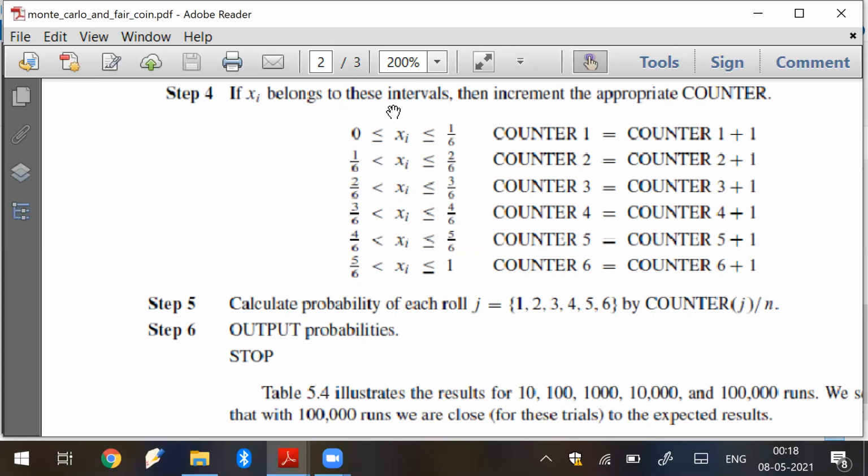If xi belongs to this interval, definitely it cannot belong to the remaining intervals. Then calculate the probability for each face using the frequency definition of probability, counter j by n, then output all the probabilities and stop.